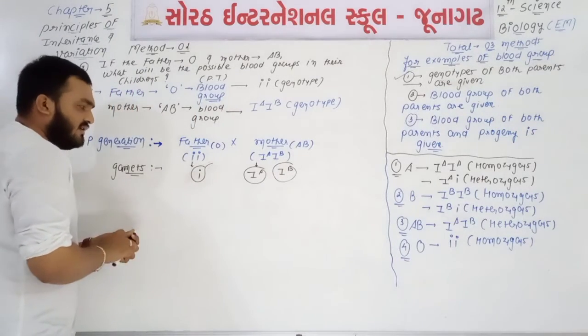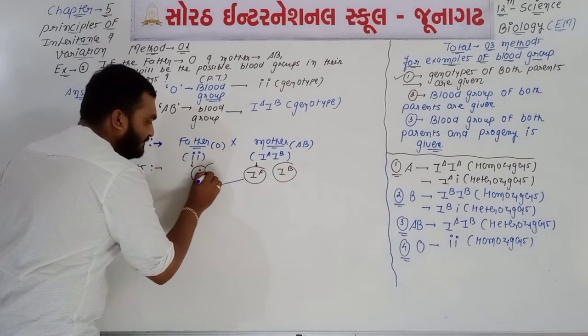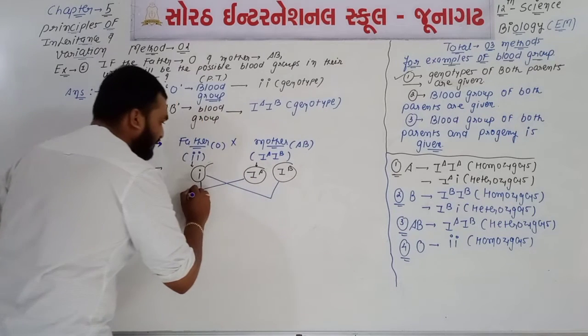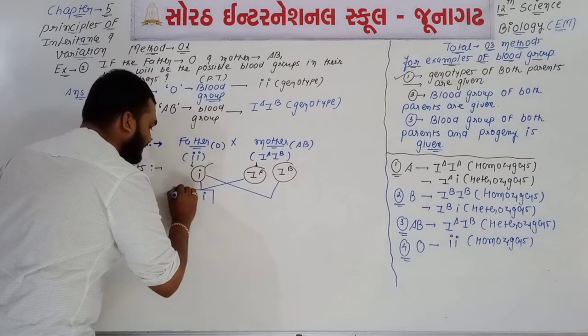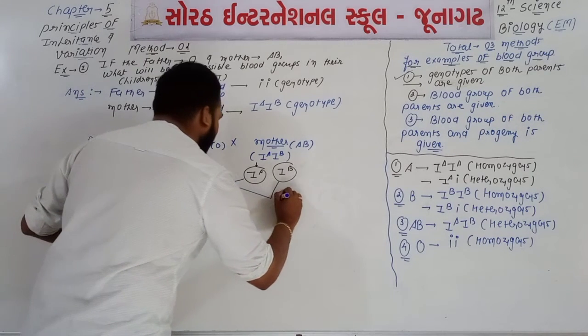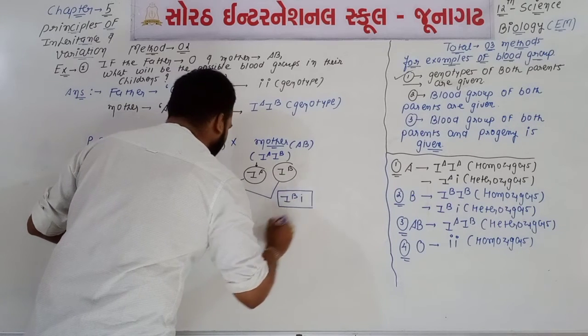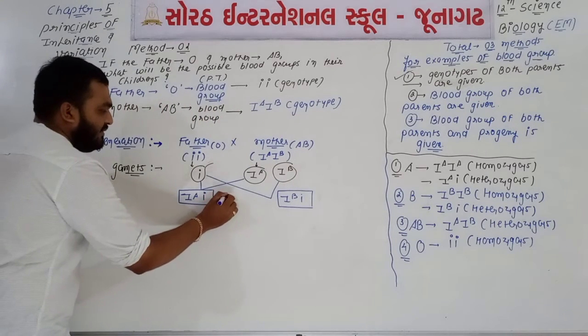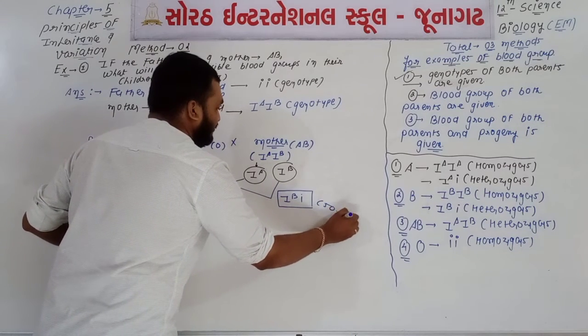In this condition it's okay if you do not use the Punnett square. So two options are there. The first option is IA small i, and the second option is IB small i. So there are 50% chances of this genotype and 50% chances of that genotype.